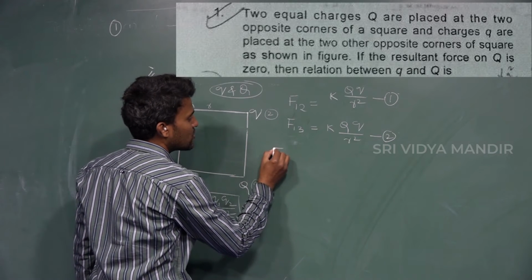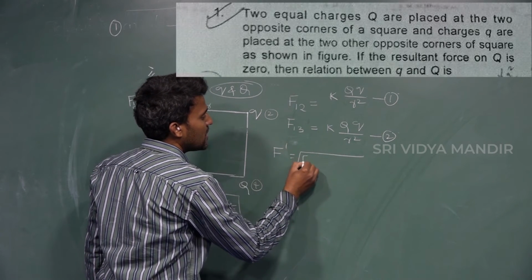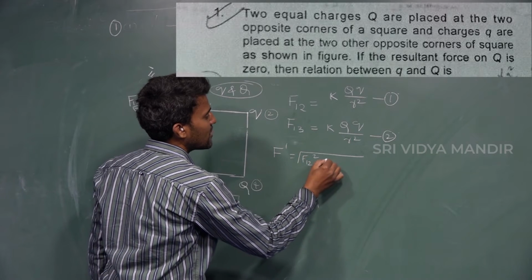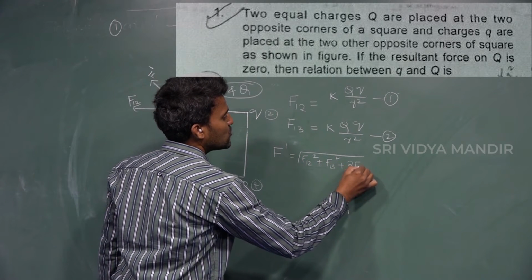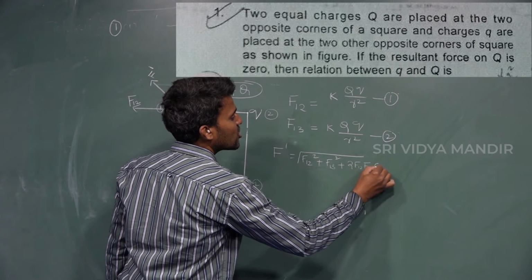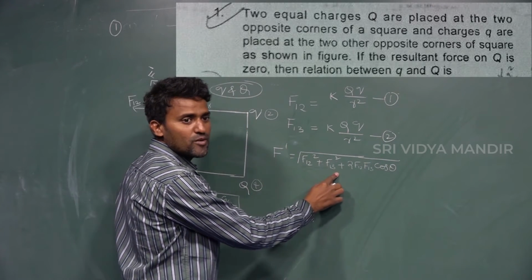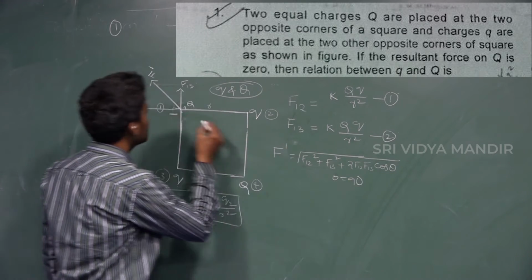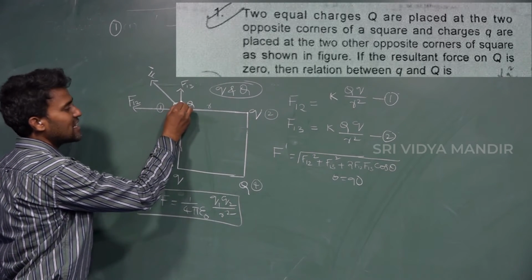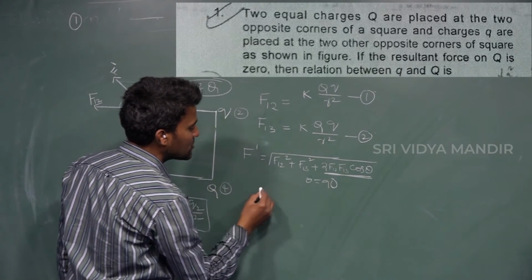According to the parallelogram law, the formula is F12 whole square plus F13 whole square plus 2 F12 F13 cos theta. Correct? Parallelogram law: a square plus b square plus 2ab cos theta. Here theta is equal to 90 degrees, the angle between these two. So cos 90 is 0, and this total part becomes 0.